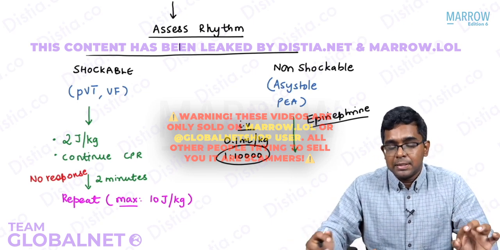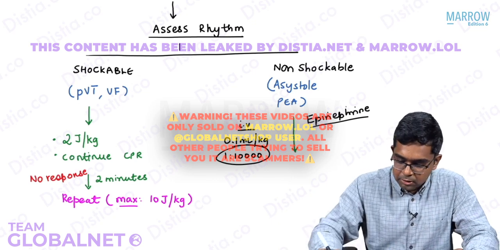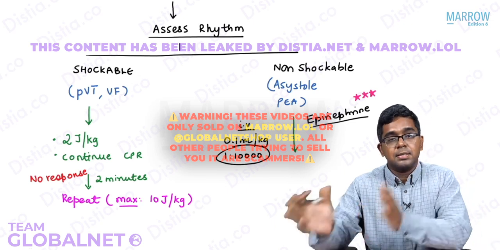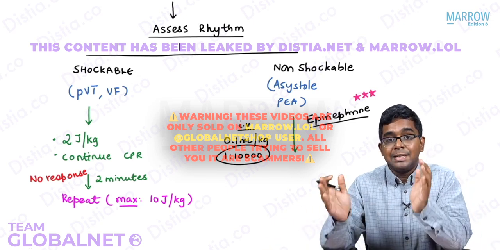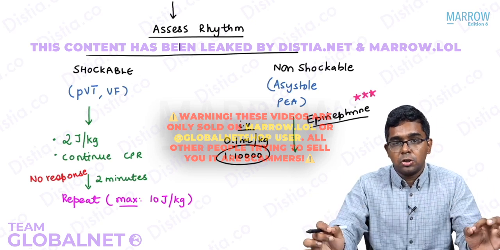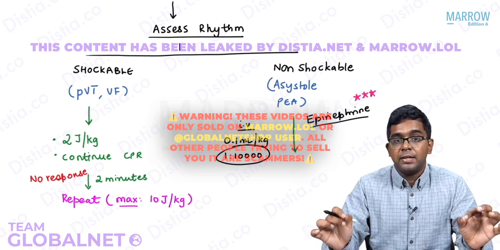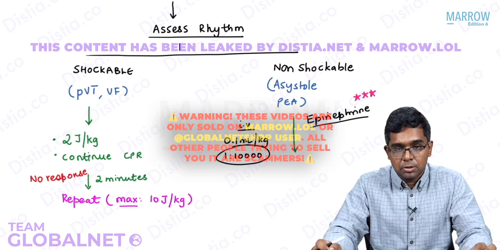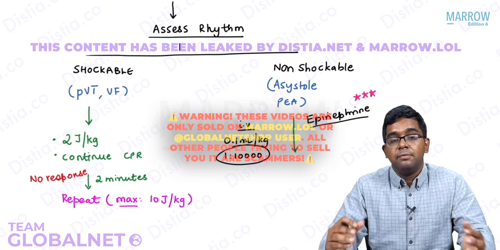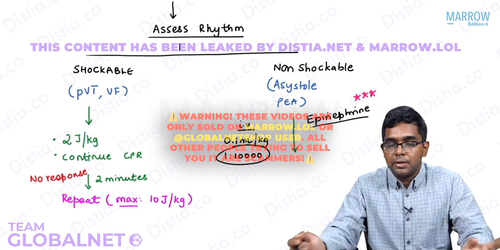Now remember, this is a major update because previously epinephrine was administered in the last steps of the resuscitation. But now it is a little early in the resuscitation steps, which should be remembered. So non-shockable rhythm, give epinephrine as early as possible. This is because it is found to have a good outcome when compared to late administration of epinephrine.